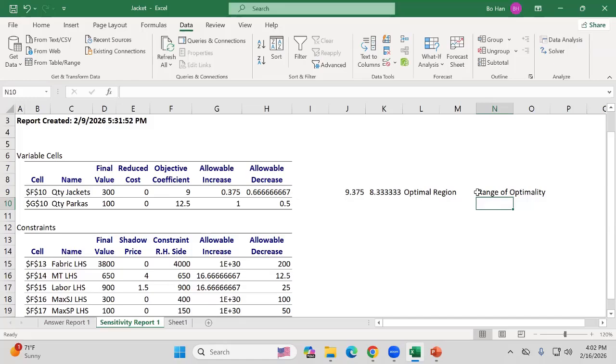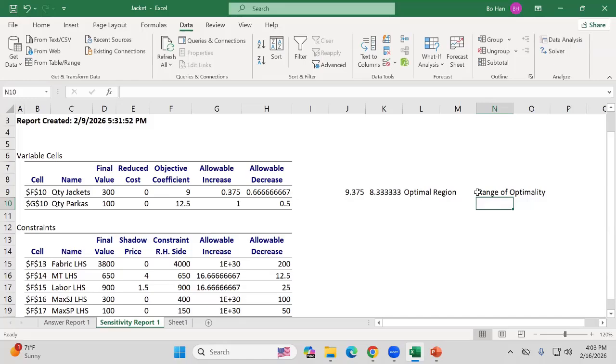If you did a worse job, if the profit is $8 per jacket, then your current analysis will be overturned. You have to do a new analysis. If the profit by selling one jacket is between 8.33 and 9.375, you can hold your current analysis. You don't need to change a thing. This is what optimal region tells.